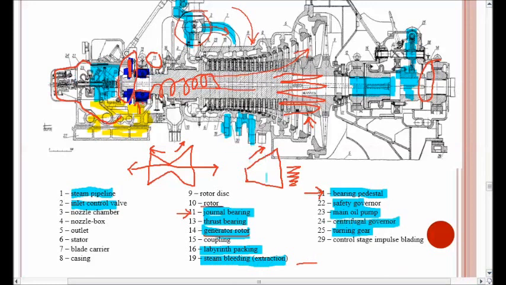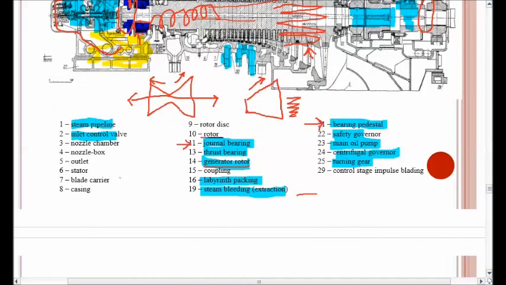Here we can find the centrifugal governor. A centrifugal governor is a mechanical type of protection that we have in the steam turbine. Initially, in the primitive days, the centrifugal governor was the only method for controlling the speed of a turbine.